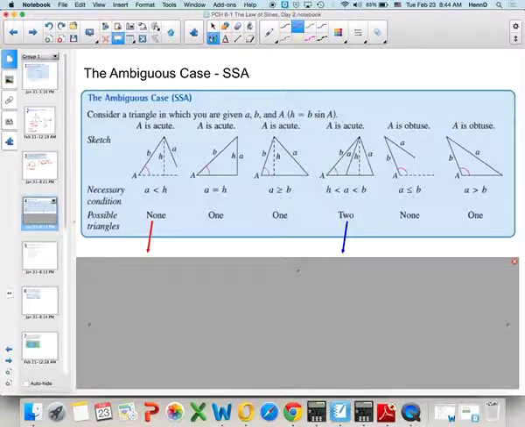First of all, we want to consider a triangle in which you're given a, b, and angle A. In other words, we know a side, another side, and then an angle that's not between those two sides. If we knew side, angle, side, we can't use the law of sines at all, and there won't be any ambiguous case in that case.